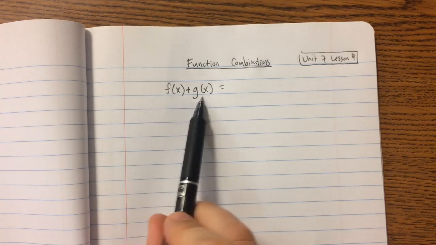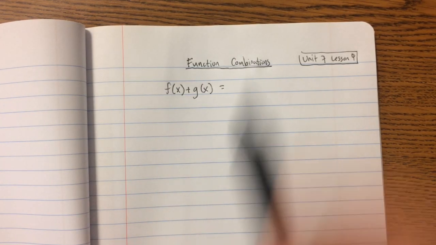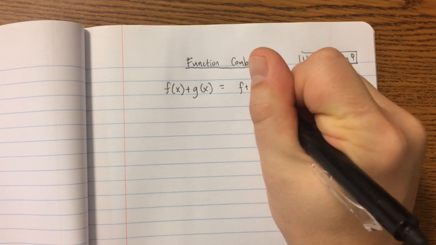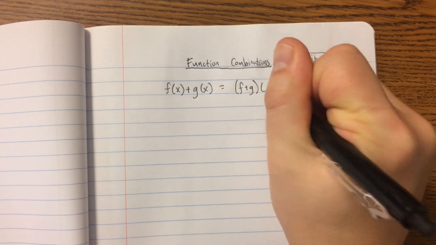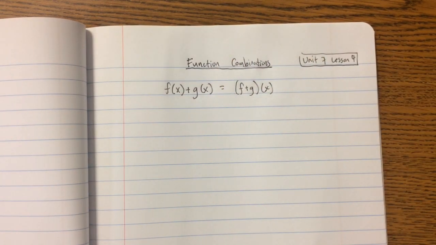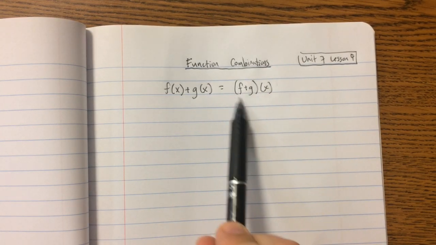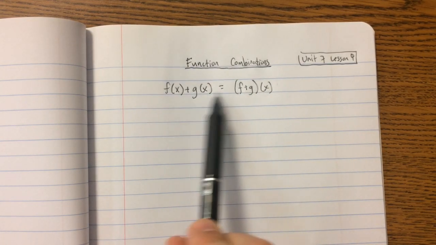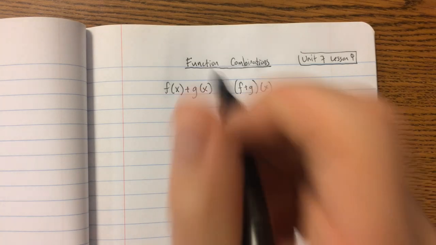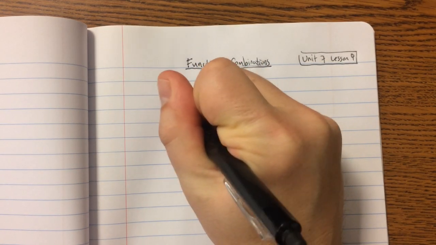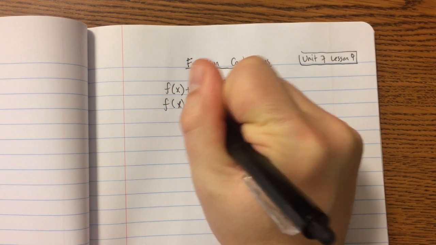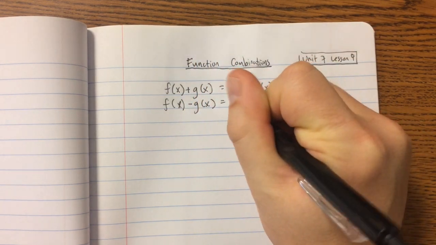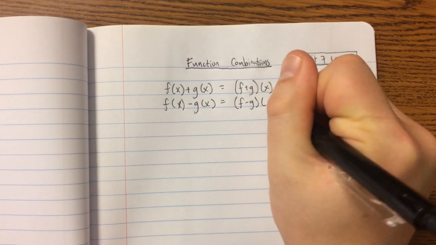You can definitely see them written like this, but you might also see them written like this, f plus g of x. And these two things mean the same thing. I will more often than not use this form of the notation, but I want you to know that these two things are equivalent. If I were to subtract two functions like f of x minus g of x, I can write that as f minus g of x.